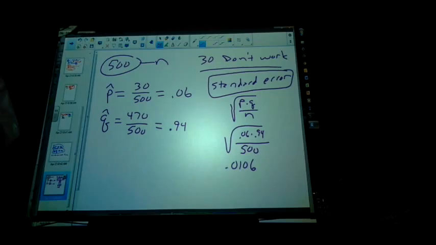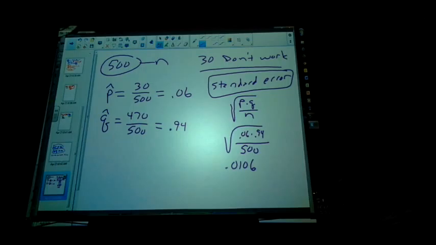So what is the probability that 30 or more defective products would have happened by random chance? Where do we have to go with this one?